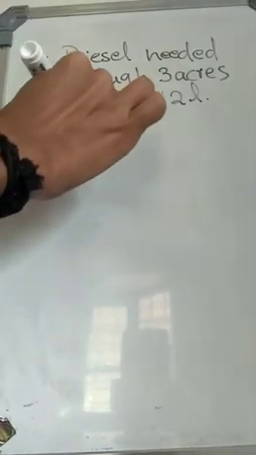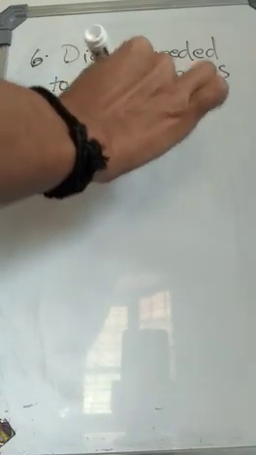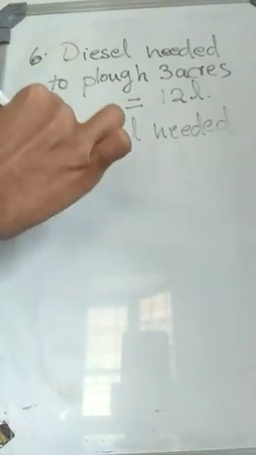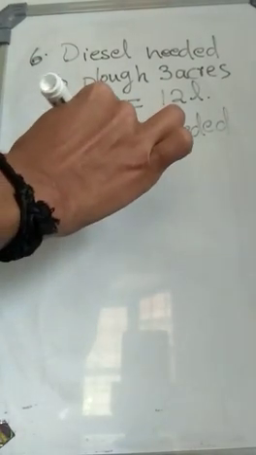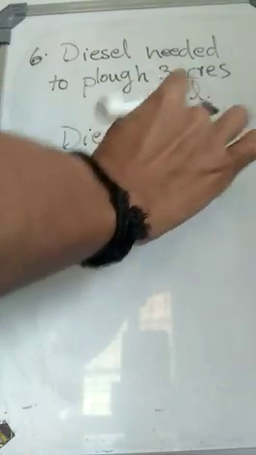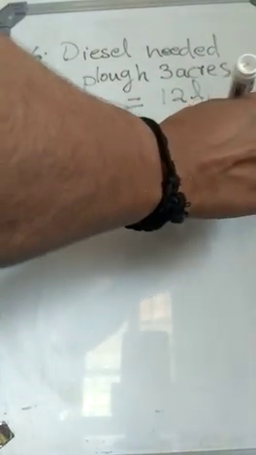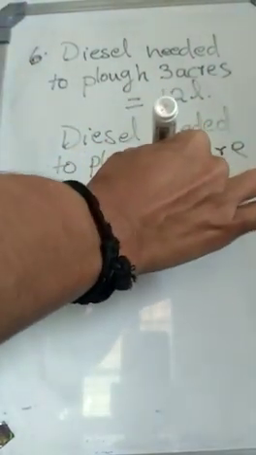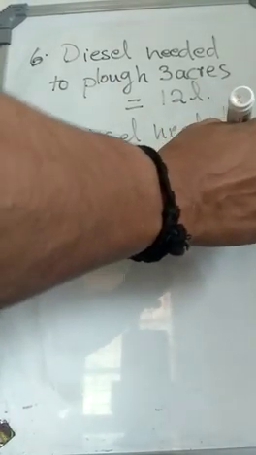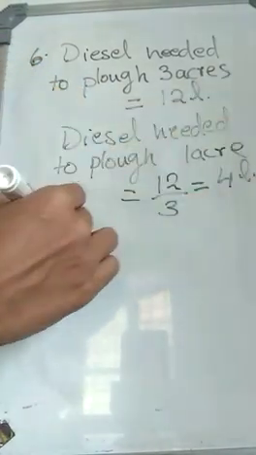So diesel needed to plow 1 acre will be equal to 12 by 3. What is 12 by 3? It is 4. 4 liters.